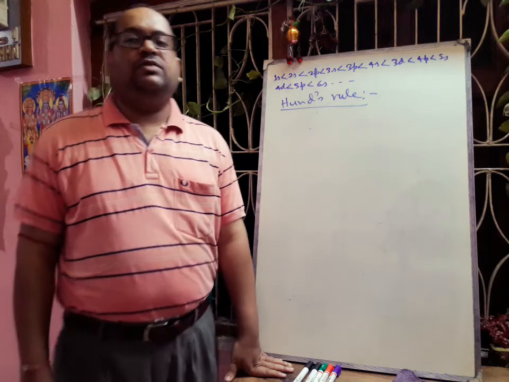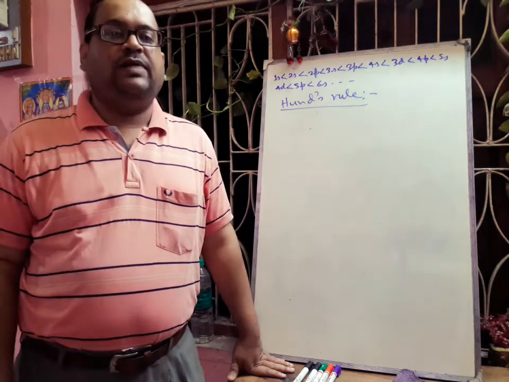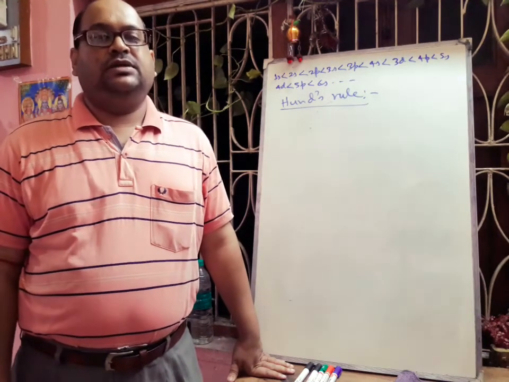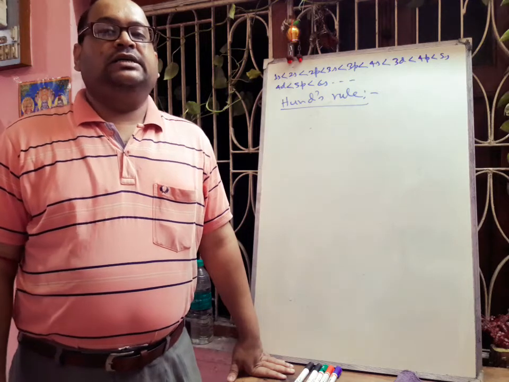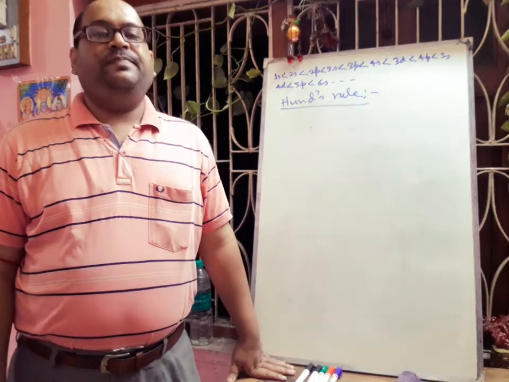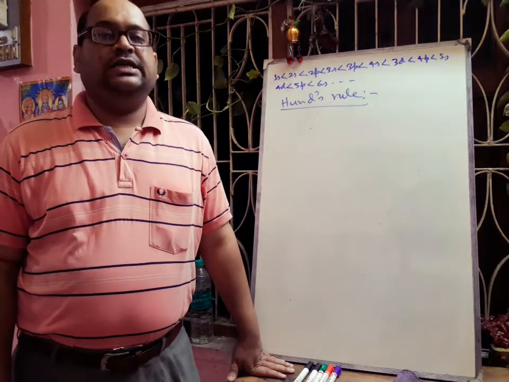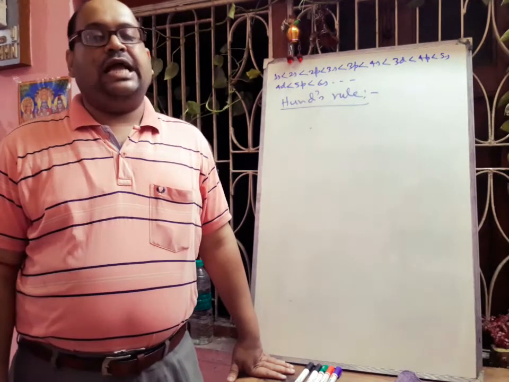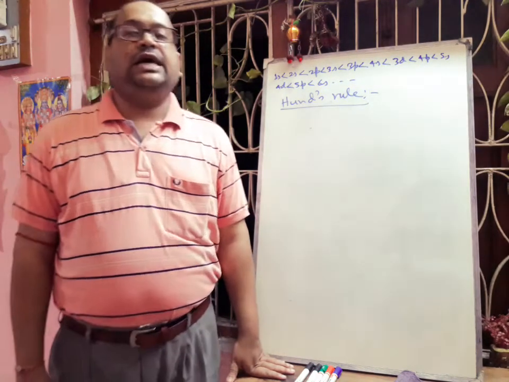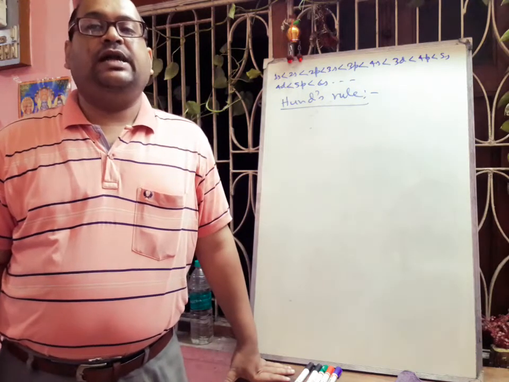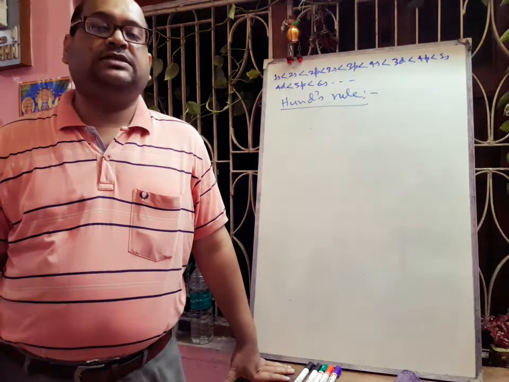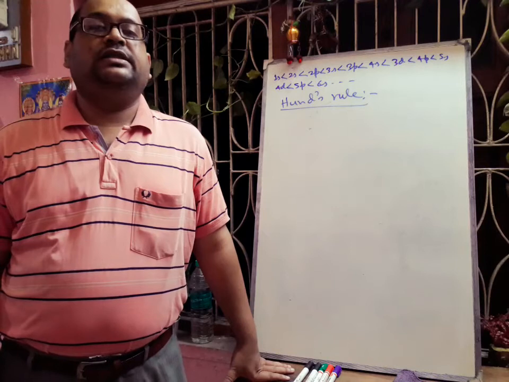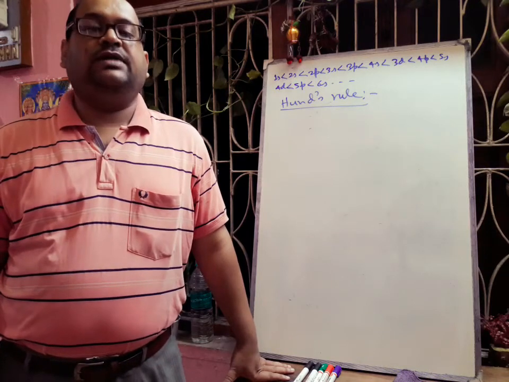Another thing that you have to remember is that half-filled and fully filled orbitals are very much stable. This is because of the exchange energy of electrons, and another is the symmetry criterion. That means half-filled and fully filled orbitals are very much symmetric. That is why they are very much stable.